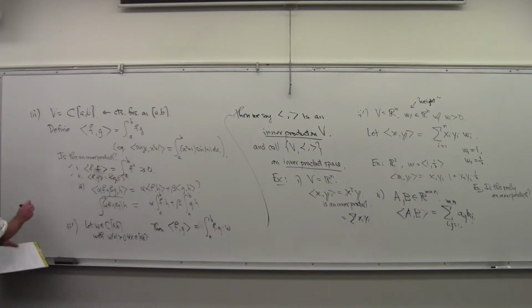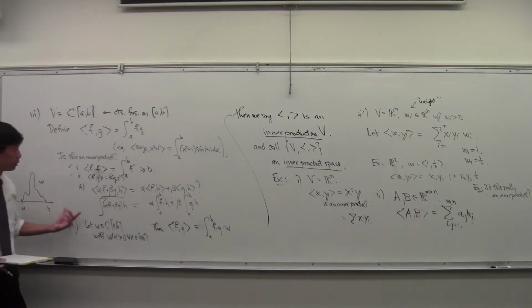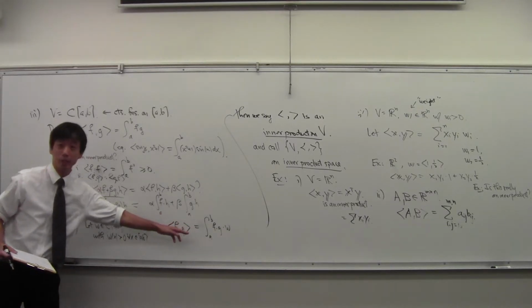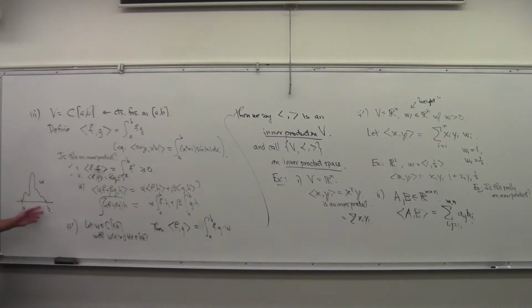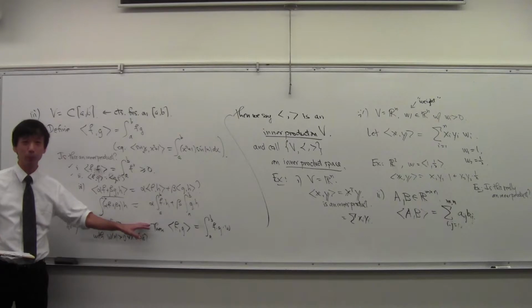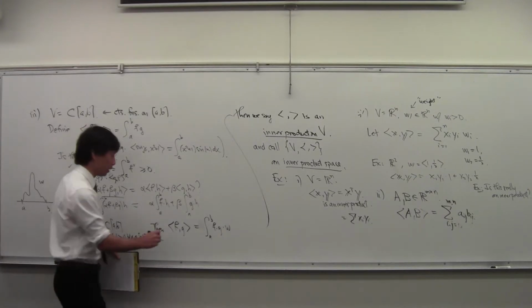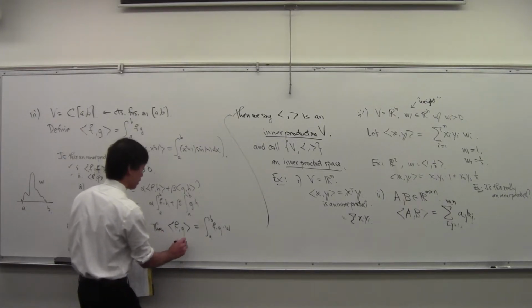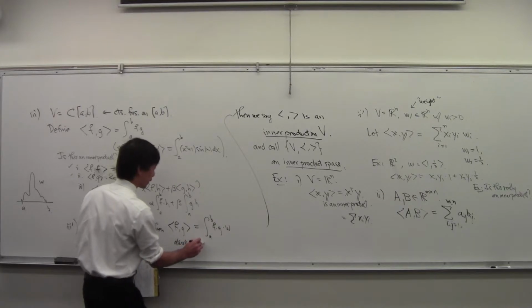So you have your interval, and some function w, and you take the product of f and g, but you also multiply it by w. So you emphasize certain parts and de-emphasize certain parts. This also turns out to be an inner product.